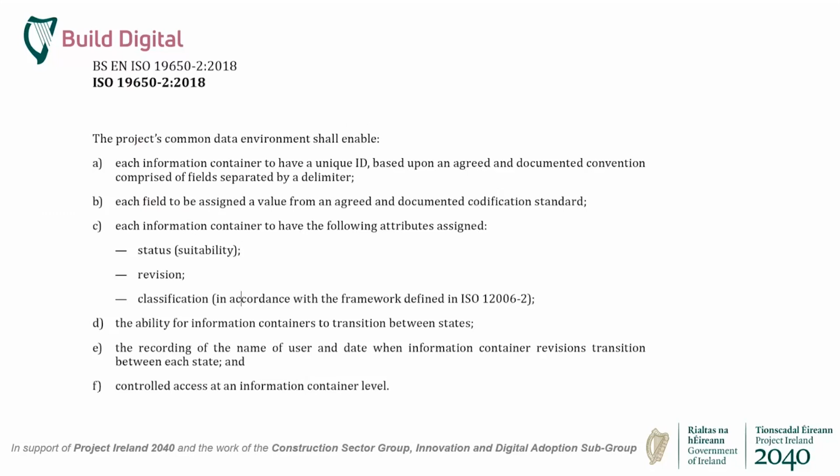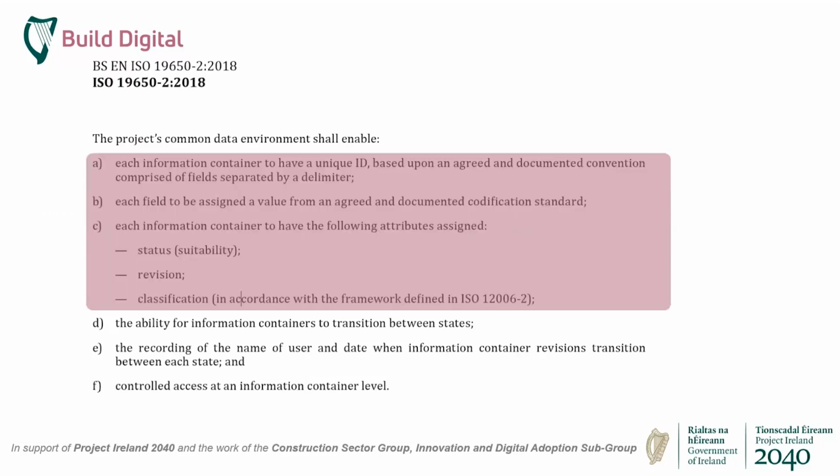Now, within the standard itself, there are only a few things it asks for. It asks for a unique ID based on a project-agreed convention delimited by slashes. That's really basically all it says about the naming convention for the file name, and it does prescribe the metadata.